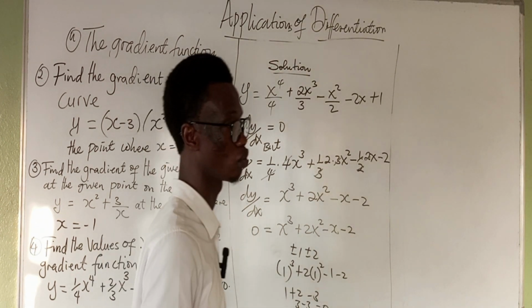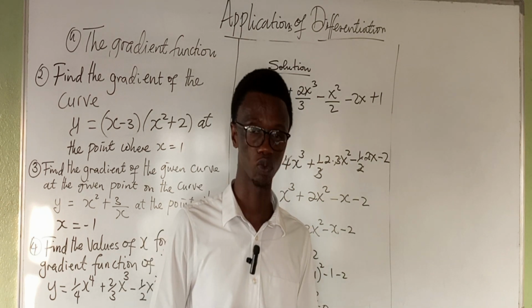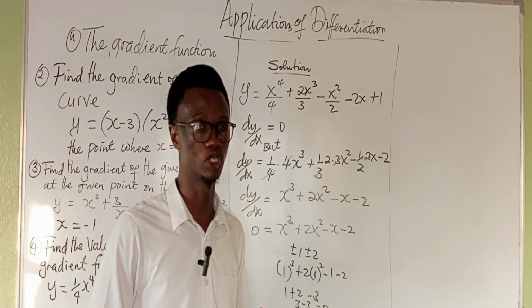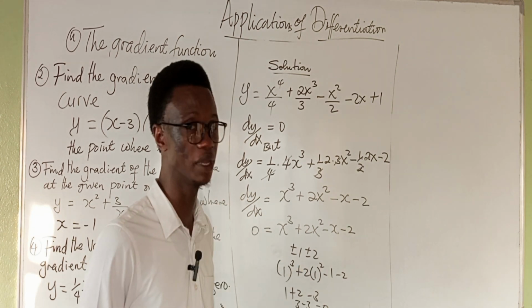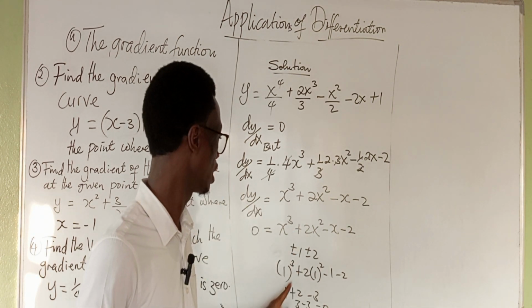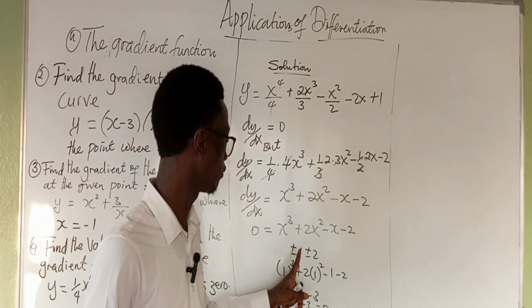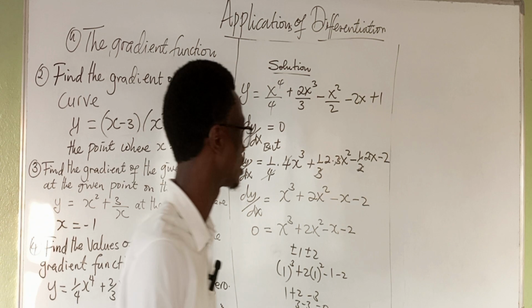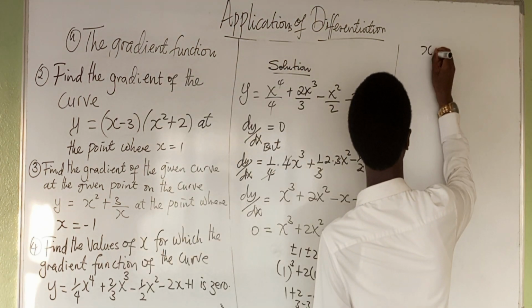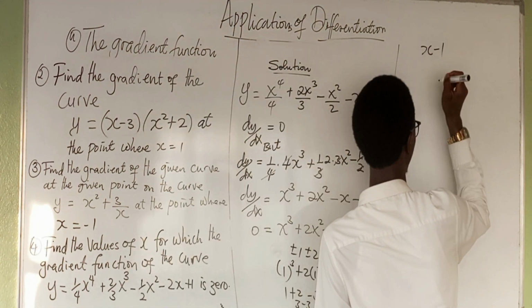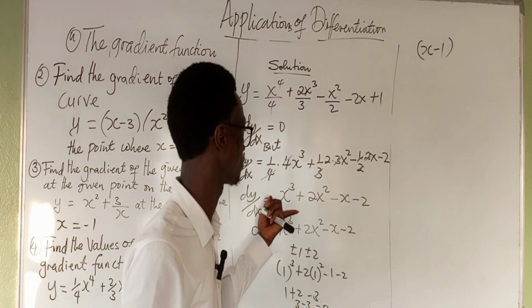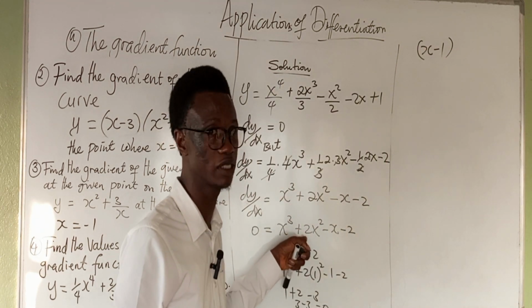So you always have to look for a number that when you plug it into this, gives you 0. And that's how we determine the first factor. Since the number that we substituted in here is positive 1, it means that x minus 1 is a factor of this function.